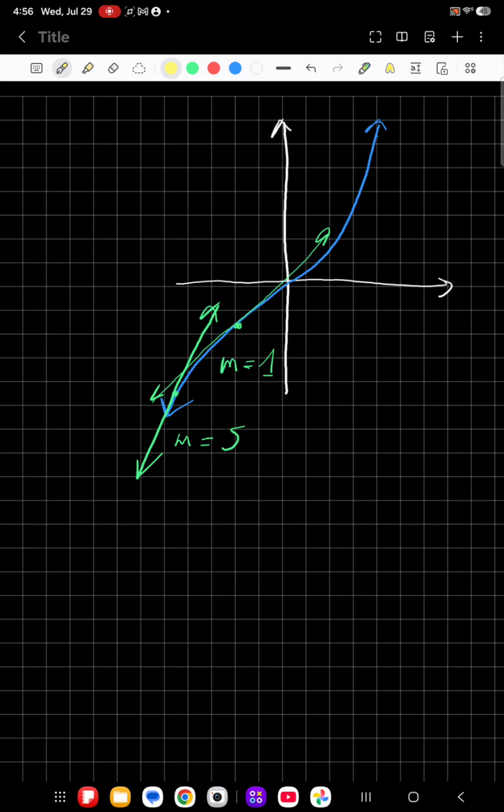I'm trying to make it yellow, and I'm kind of succeeding: slopes decreasing. That's the way we'll be able to tell whether the concavity is up or down, by whether the slopes are increasing or decreasing. And the slopes here will be increasing.